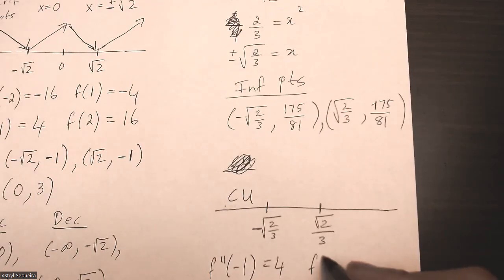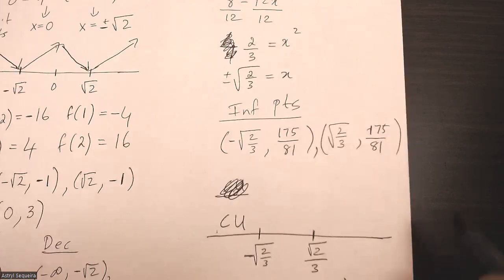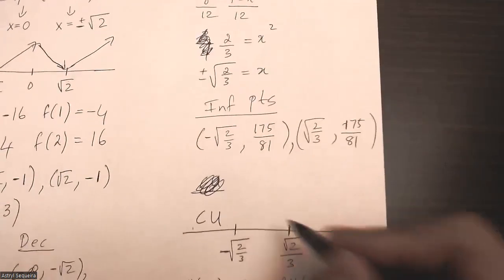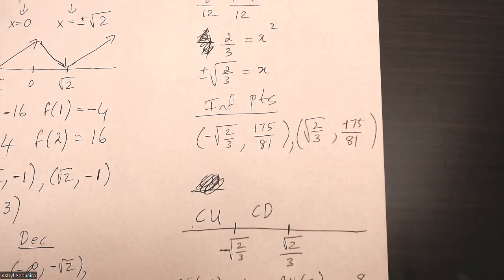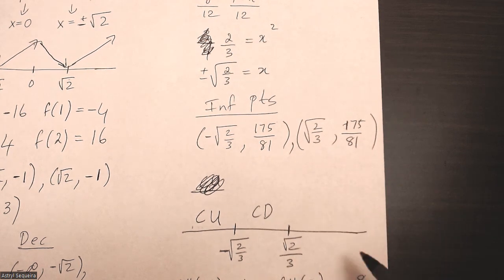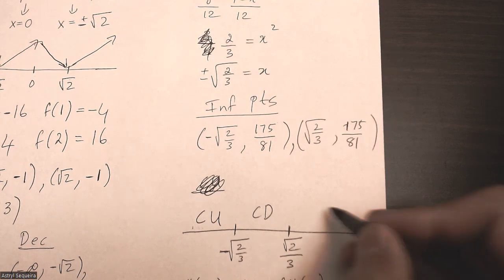In between these two, I'll pick a 0. 0 minus 8 is just -8. Negative value means it's concave down. Then between these two, I'll pick positive 1. So f double prime of positive 1 is also 4, which means this is going to be concave up.